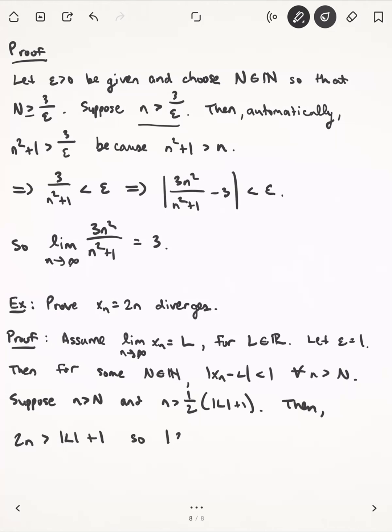So the absolute value of 2n minus L is going to be bigger than 1, which is a contradiction, because we've said that the absolute value of 2n minus L is less than 1. So x diverges.